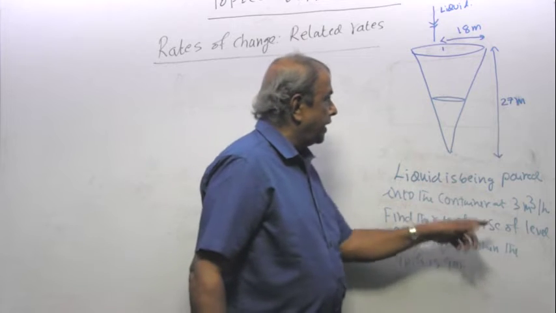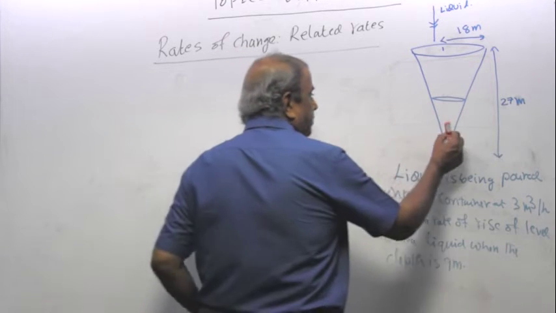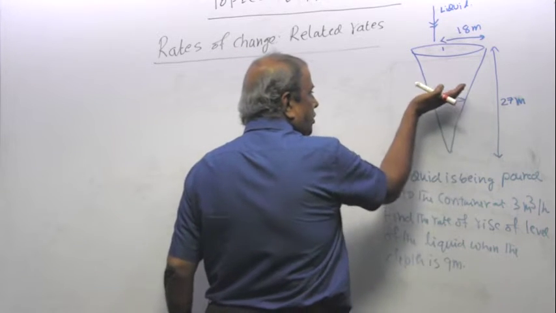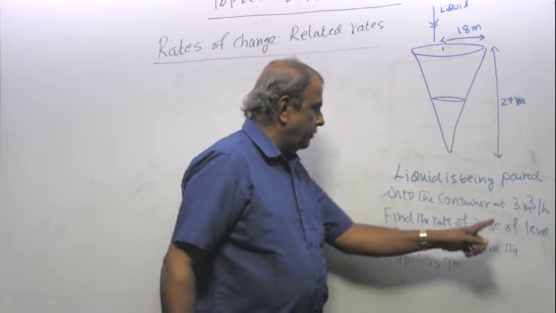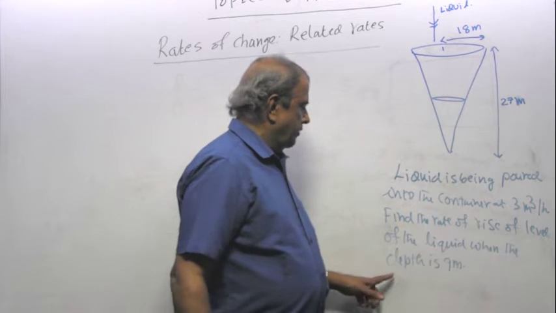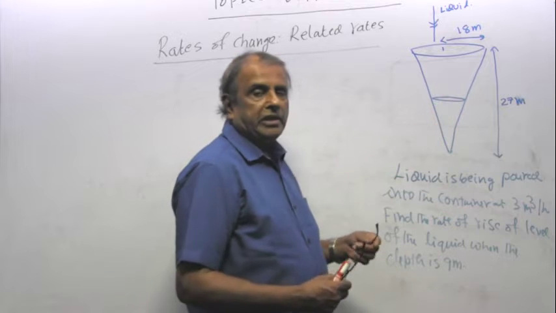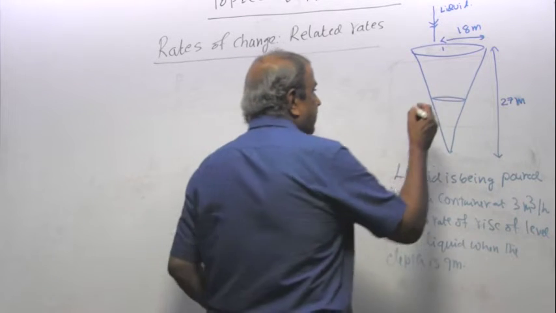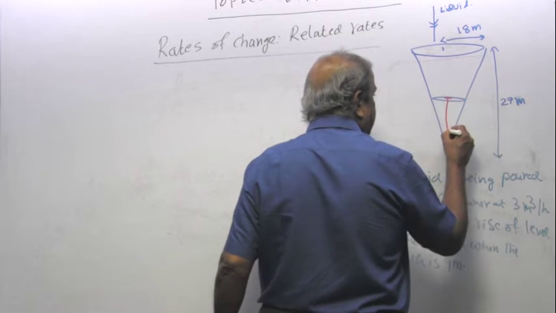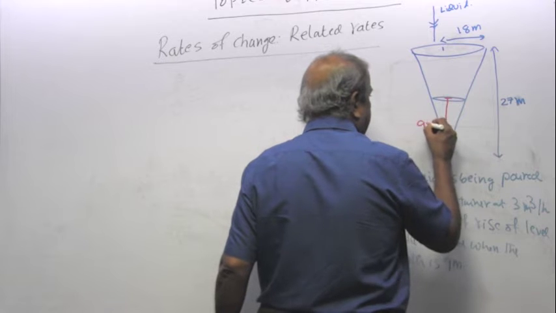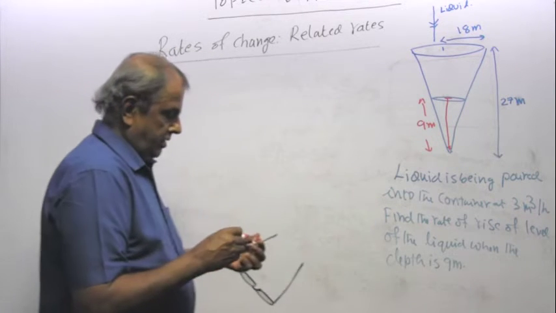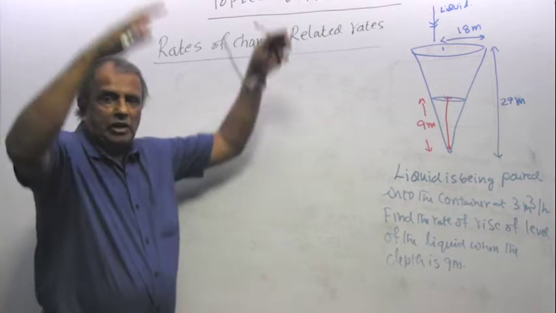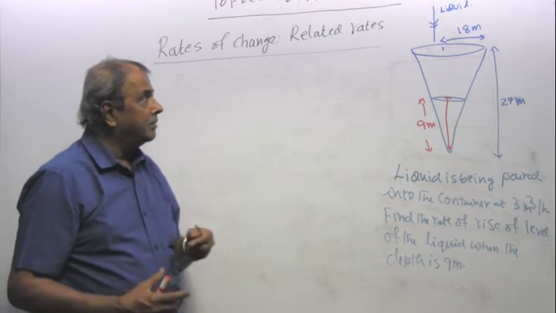Find the rate of rise of the level of the liquid when the depth is 9 meters. You've been given that the depth is 9 meters, and you're asked to find the rate of rise of the level. That's the question. I didn't want to write the whole question, so I drew the diagram.